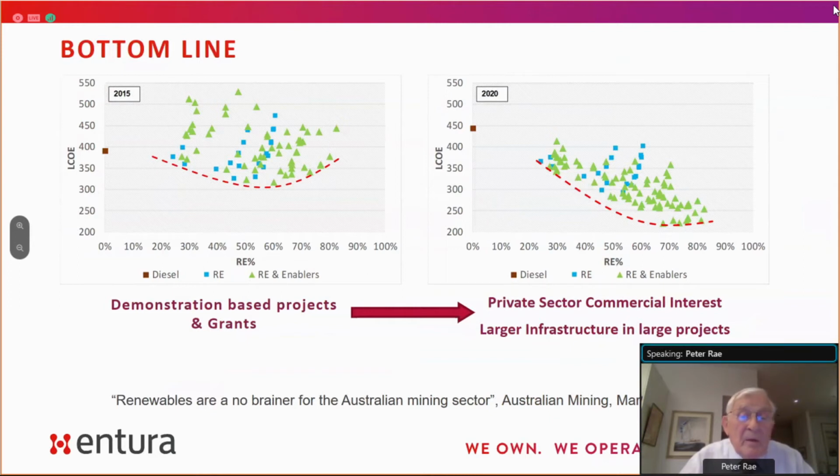demonstration-based projects and grants, the private sector, commercial interest, larger infrastructure and large projects, all of them showing rapid development growth in the Australian mining sector. And that quote at the bottom, I think, probably says it all. Renewables are a no-brainer for the Australian mining sector.